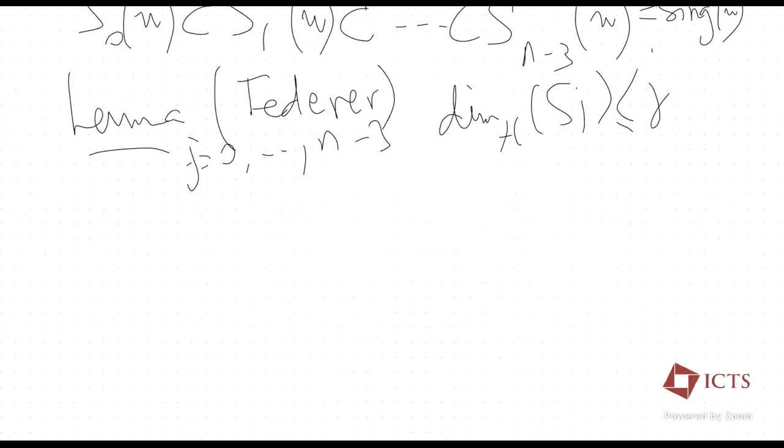I gave the strategy and explained the proof, but filling in all the details is not an easy task at all. It takes several pages. So this is basically the way you prove Schoen-Uhlenbeck theory. Are there any questions on this part?